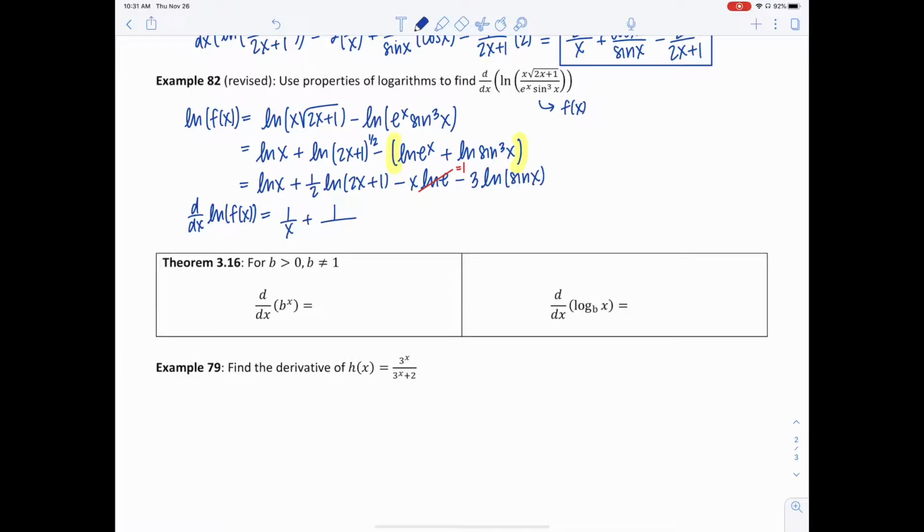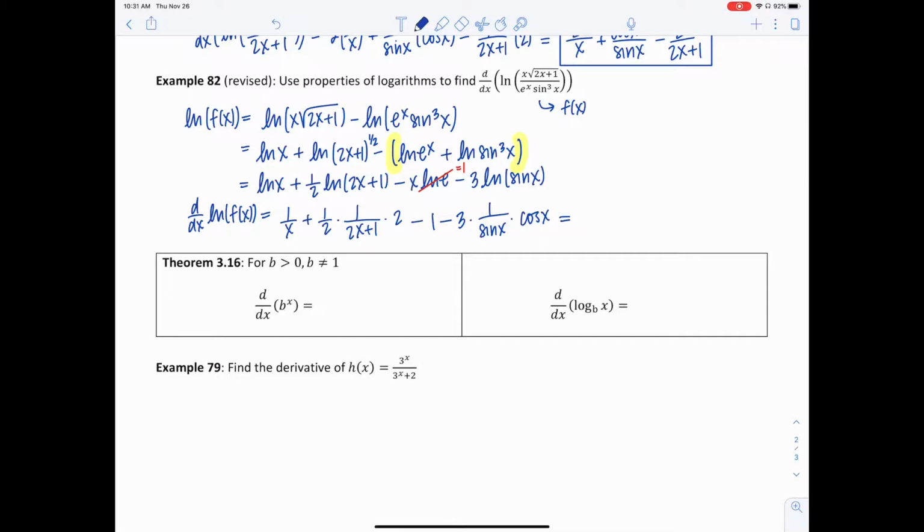This one has a 1/2, so 1/2 times 1 over 2x plus 1, times the derivative of the inside function, so times 2, minus the derivative of x, which is 1, minus 3 times 1 over sine of x, and again the derivative of that is cosine of x.